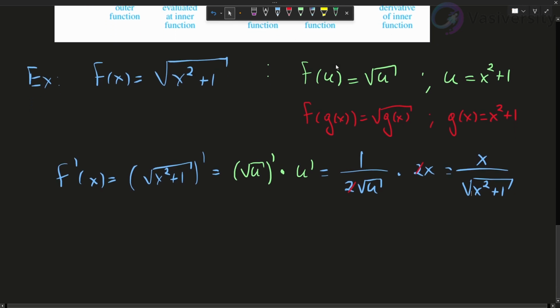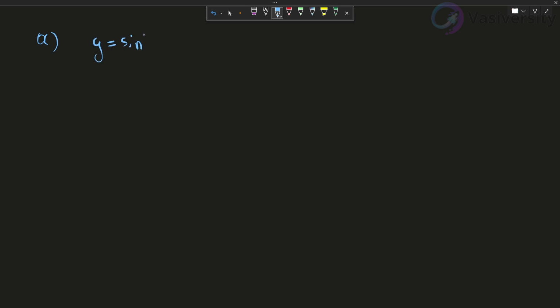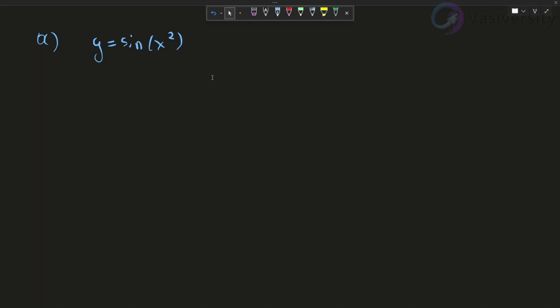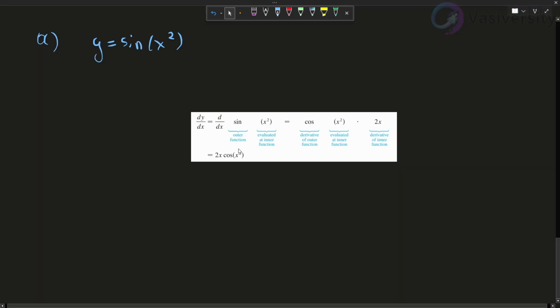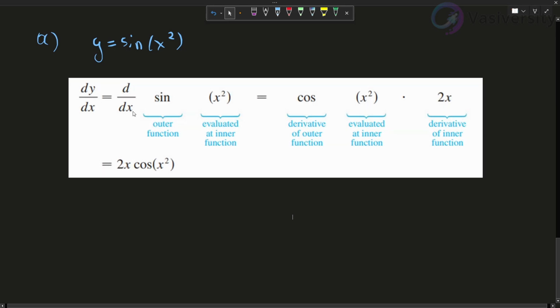Let's digest one more example. Part A: we have y equal to sine of x squared. Let's take a look at the derivative. We have dy/dx equal to the derivative of sine of x squared.